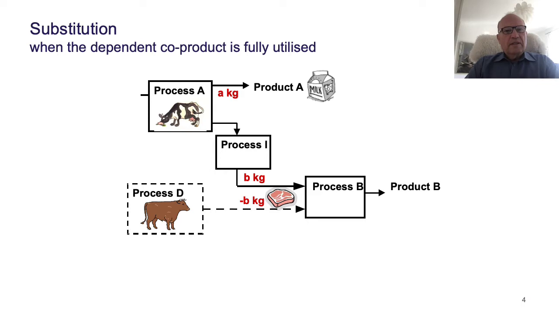So as you can see, this system has an output of a kilogram of milk and no output of meat. And that is exactly what we are asking for in this case.